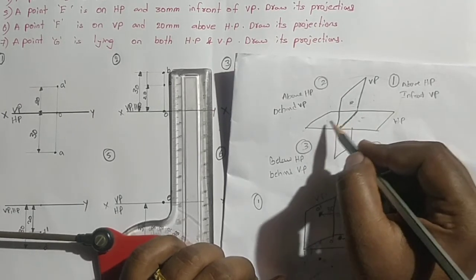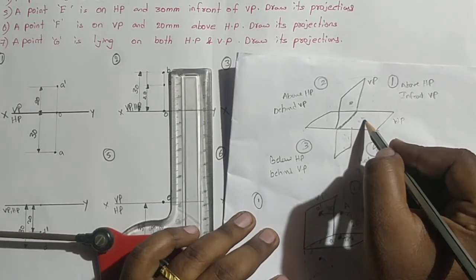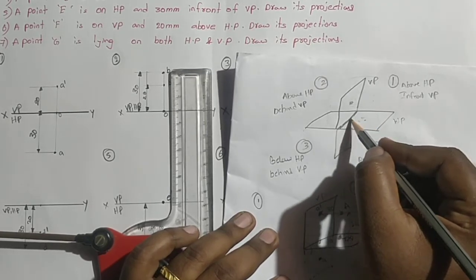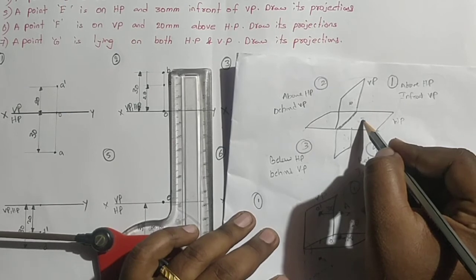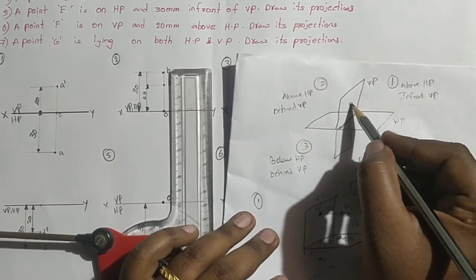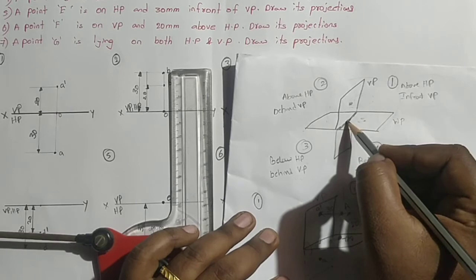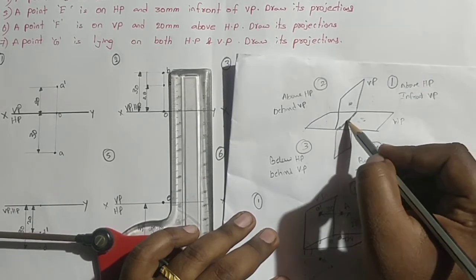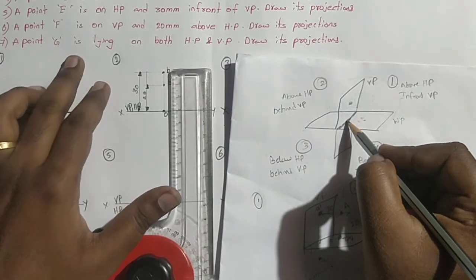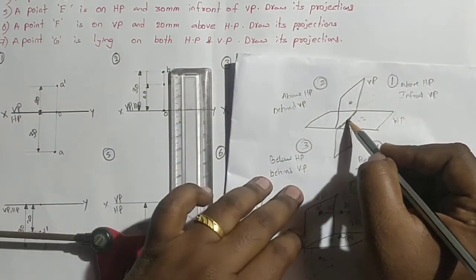To satisfy that condition, suppose the point is on HP, what happens? It is in front of VP and on HP. Suppose the point is on VP, what happens? It is above HP and on VP. Suppose I take the point here, what happens? The point is on HP and on VP. So the point G is lying on both VP and HP, so the point is on the reference line.